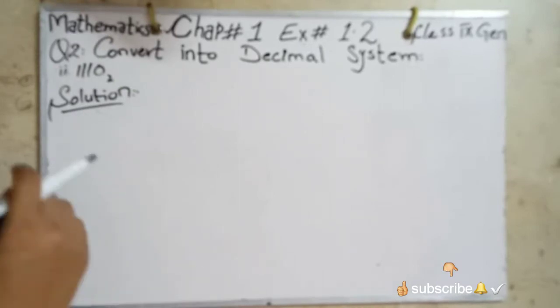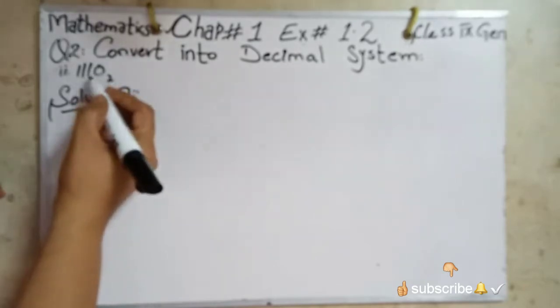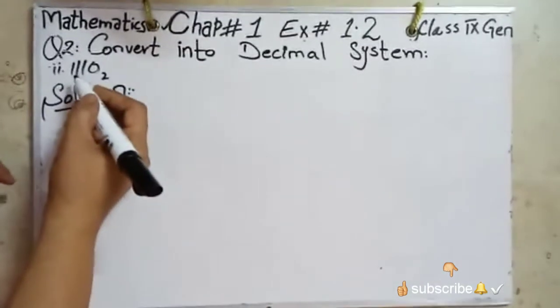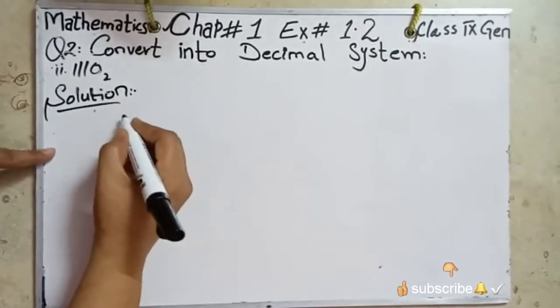Second part, 1110. Unit, 10, 100, 1000. 1110 base 2, convert into decimal system.